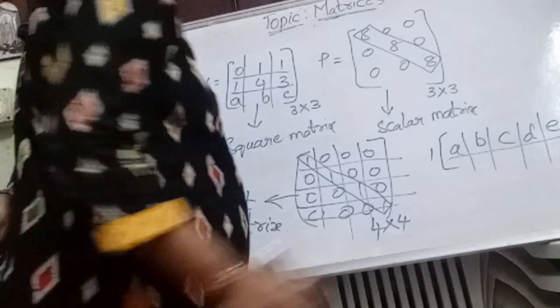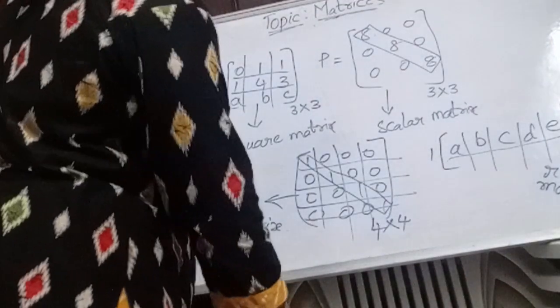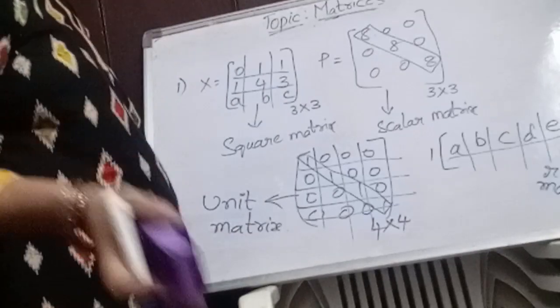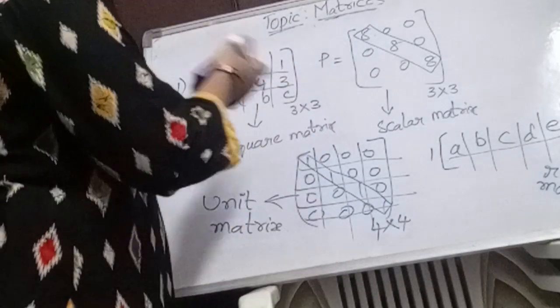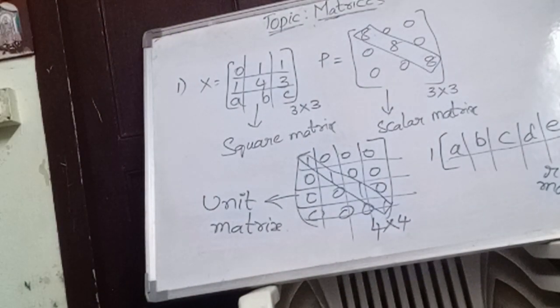So the order is 1 by 6: 1 row and 6 columns. Since you have only one row, what is this matrix specifically called? A row matrix. Got it? These are some examples which help you easily understand the definitions and types of matrices. Thank you.